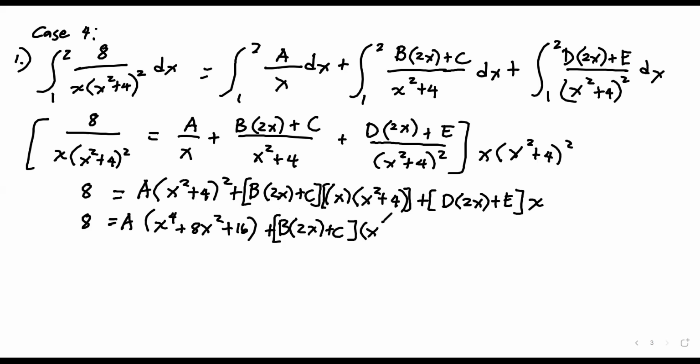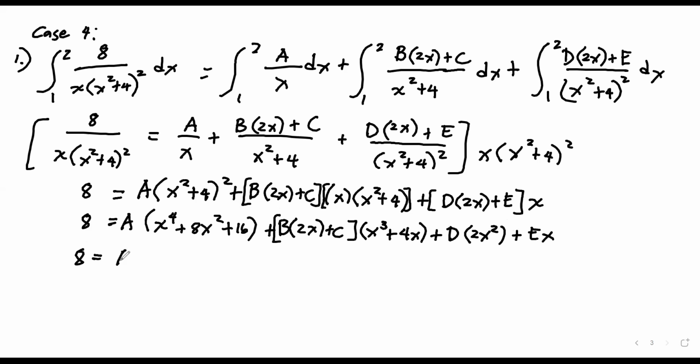This one, we will have x cubed plus 4x, plus d times 2x squared plus ex.